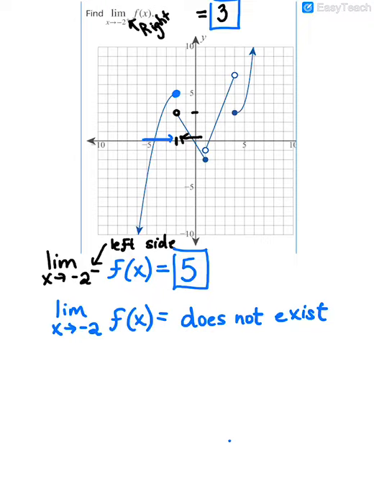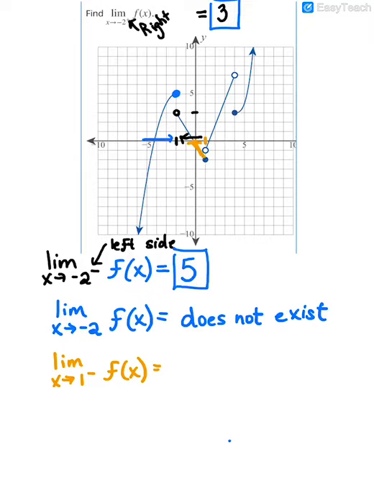Now, just to do some more examples with this same graph, let's take an x value of 1. So if we say, what is the limit as x approaches 1, and let's go from the left side first this time. As I'm coming in from the left side, you're coming from the left, so you've got to follow the graph.